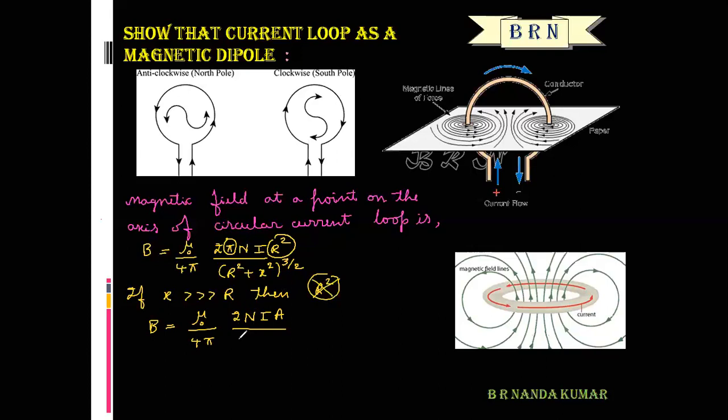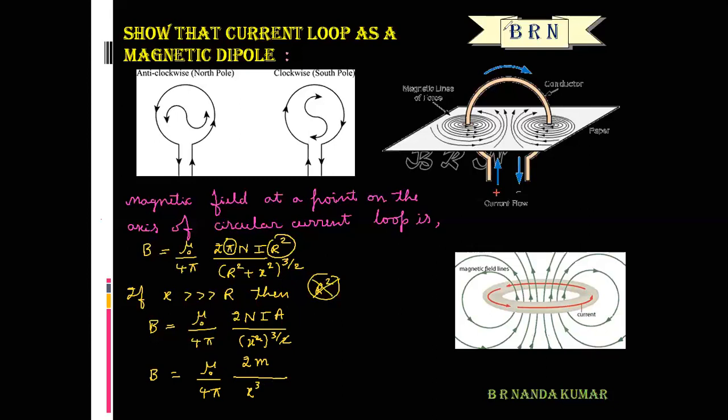So divided by x square power 3 by 2, here R square is negligible. So finally we will get B is equal to mu naught divided by 4 pi, 2 M, where M is the magnetic dipole moment of circular current loop. So the 2 gets cancelled, divided by x cube.